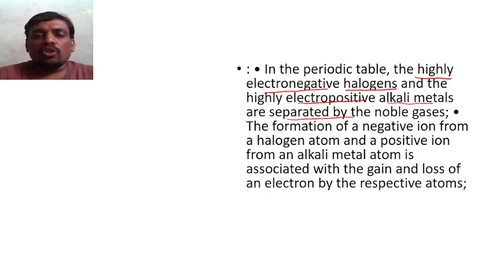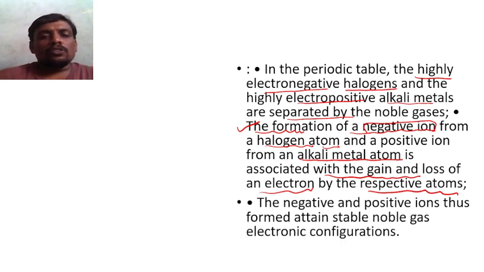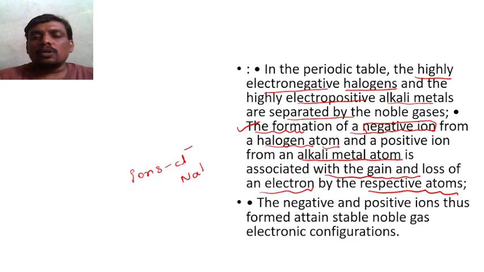Now, very important: the formation of a negative ion from a halogen atom, and a positive ion from an alkali metal atom, is associated with the gain and loss of an electron by the respective atoms. Finally, the negative and positive ions, chloride being a negative one and sodium a positive one, thus formed, attain a stable noble gas electronic configuration, as we are going to see here.